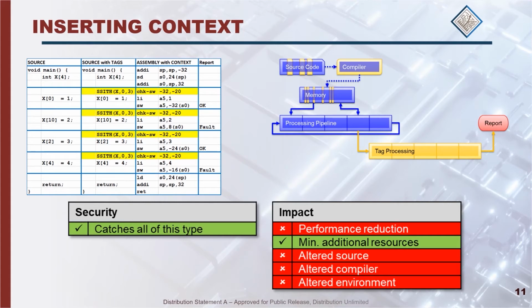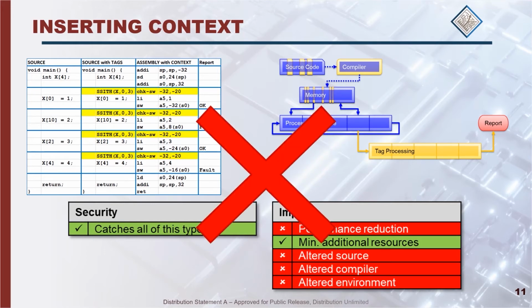We've changed the compiler, and that may change some of the execution that comes out of it. Also, this is a different environment. The programmer has to know to change to this enhanced compiler in order to get that to work. So overall, this is not a particularly attractive approach.